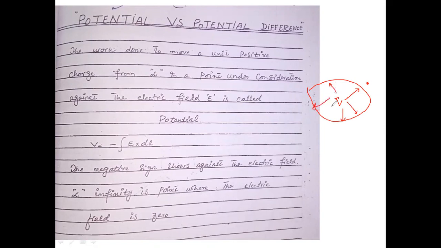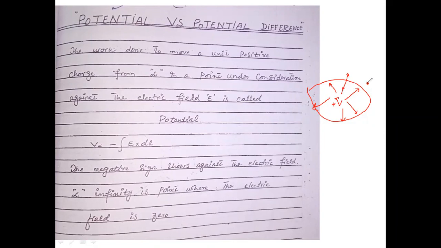So the field will always be indicating outside. If I place a test charge over here, it will be pushed outside. But this is not the work done, because it is a natural phenomenon that it will be pushed outside by the field, since both are positive and naturally it will repel.